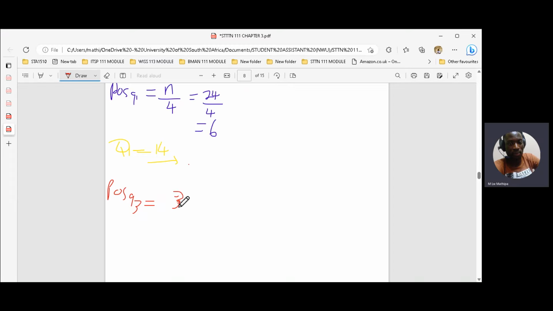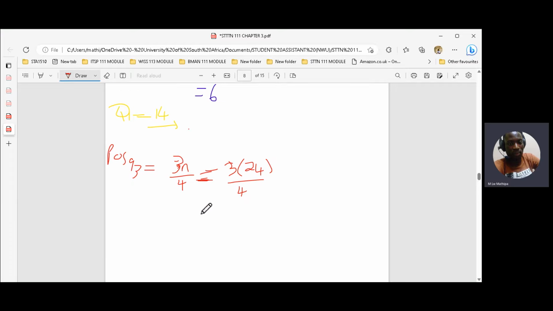So we have 3 into 24 divided by 4, which is 18. That's the position.